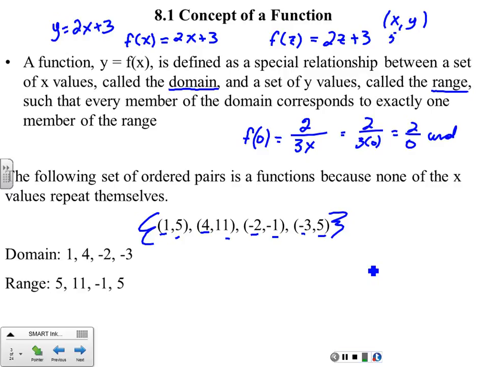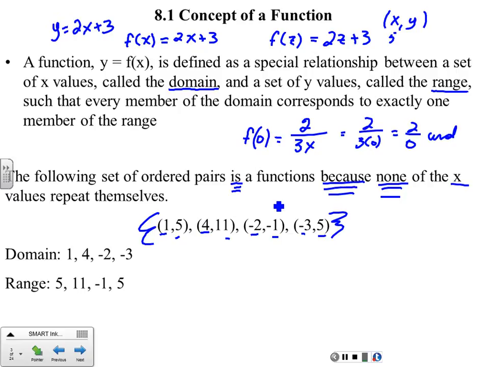Okay, the other question that I'm going to ask you is this set of ordered pairs, or I can even give you a graph, and I can say, is this function actually a function? And your answer is either yes or no. Okay, you got a 50-50 shot. Look, right here. It says the following set of ordered pairs is a function because none of the x values repeat themselves.